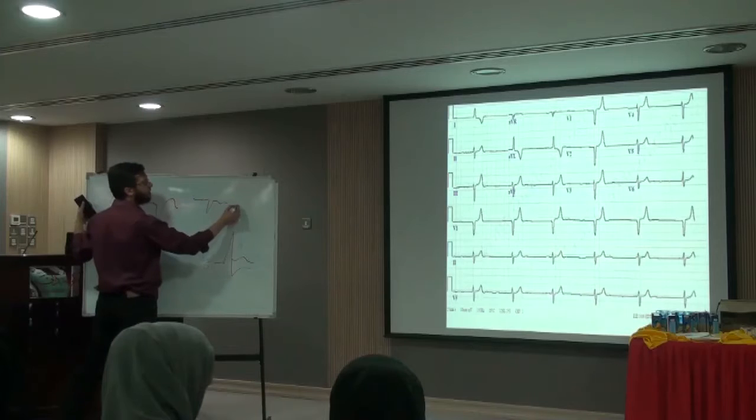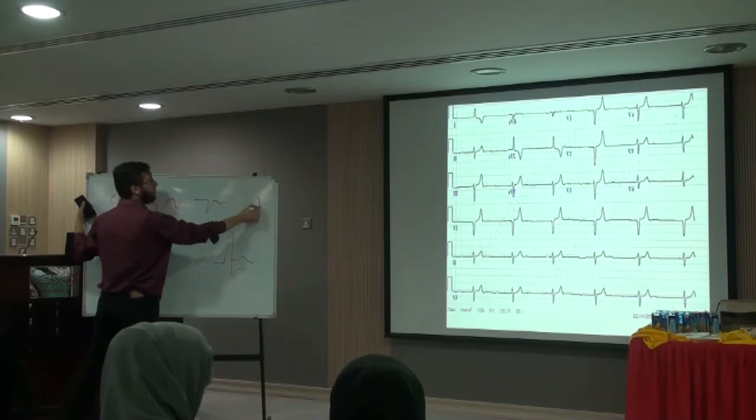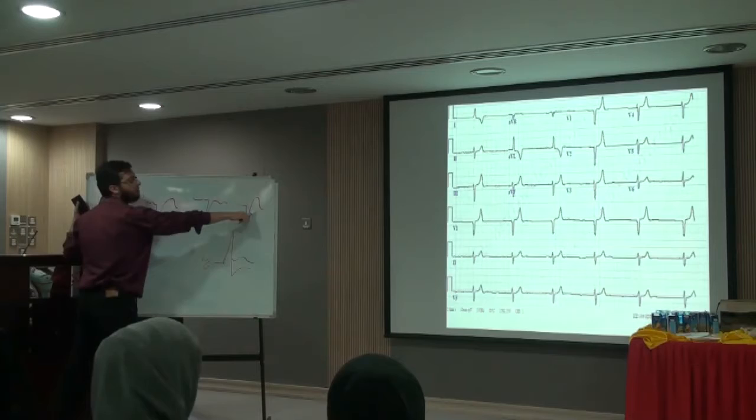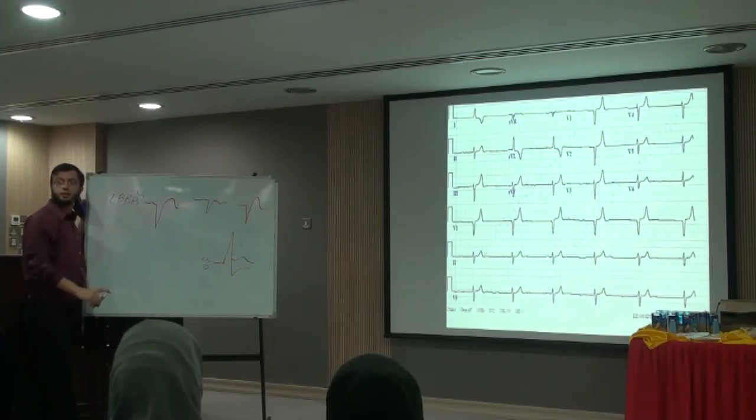If you find it like this, negative P, sorry, there is no P because it's ventricular, you find it like this in V1, you will say, yes, this is LBBB.